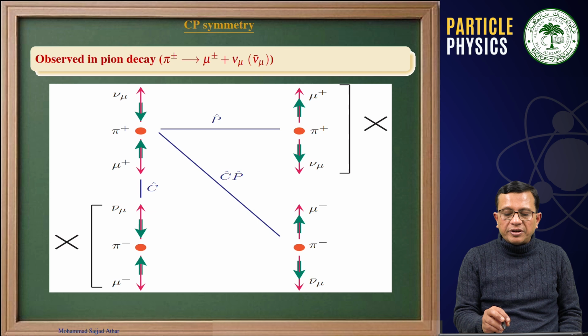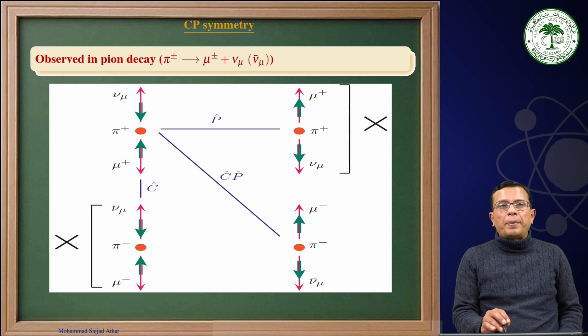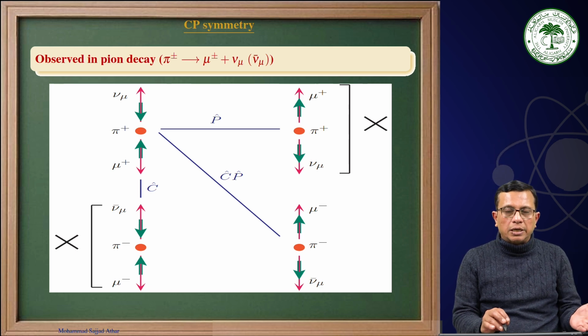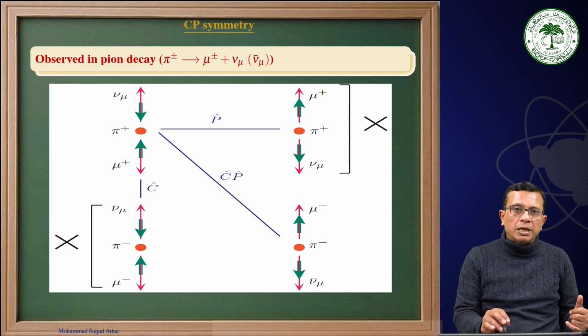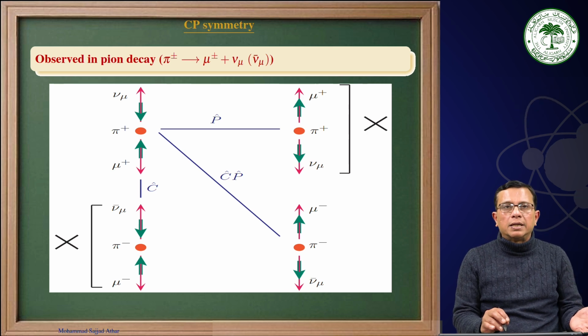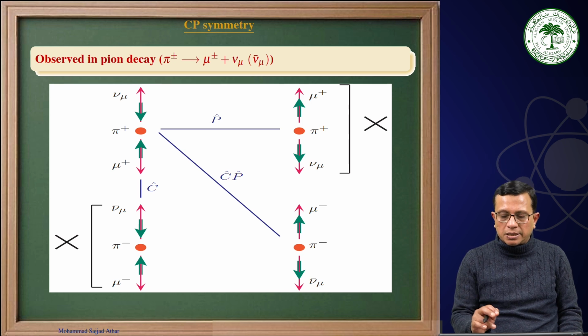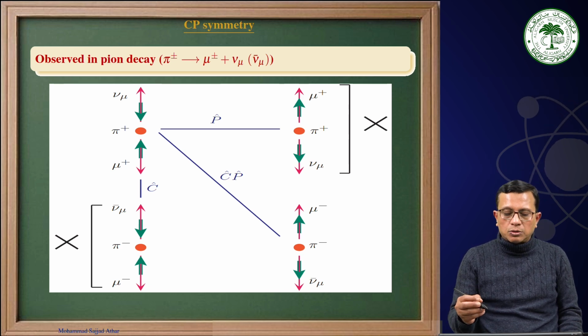observed. Similarly, if we apply the parity operation, then parity is an operation of spatial inversion. It changes P to minus P without changing its angular momenta, without changing the particles, and therefore pi plus, nu mu and mu plus will remain as they are, and only the momenta is going to change.